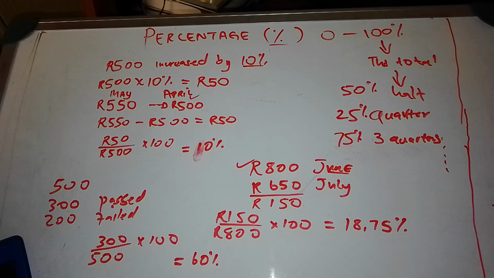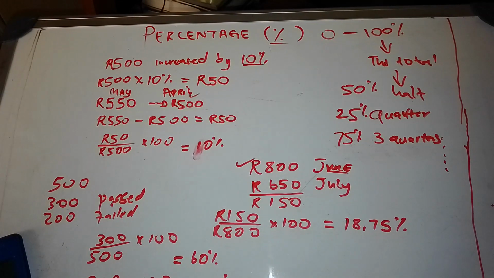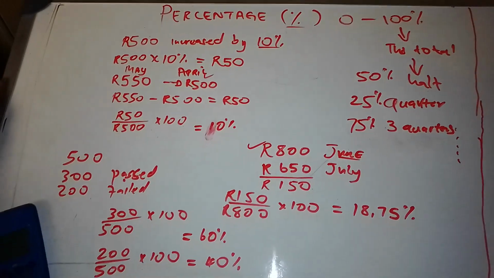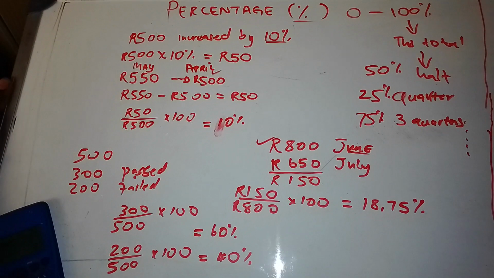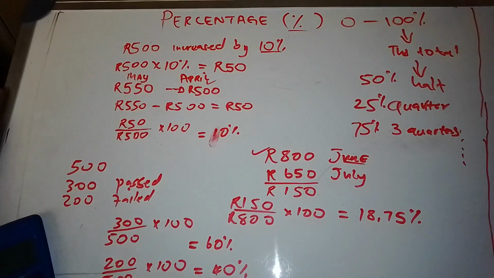Then what is the percentage of students who failed? You will say 200 divided by 500 times 100. It will give you 40%. Right. So you've got 60 and 40, and then the total is 100. Always the total is 100.